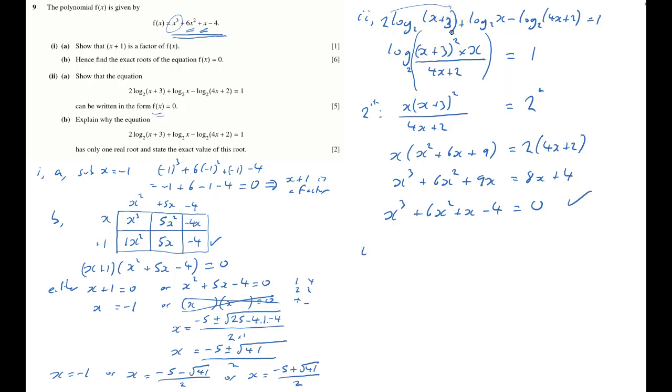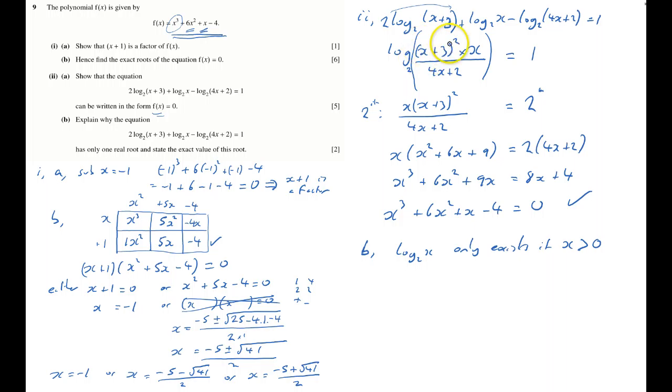And part B, explain why it has only one real root and state the exact value of this root. Well, the middle bit, you've got log to the base 2 of x, and that only exists if x is greater than 0.